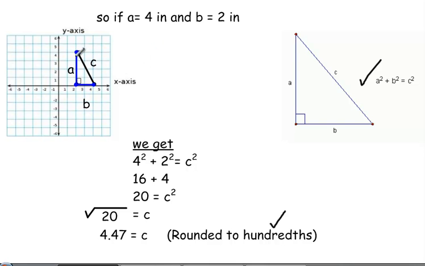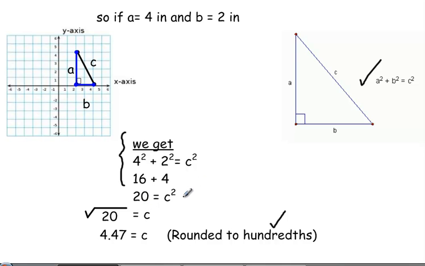So in this picture, we can see visually that A is really 4. I said inches, but let's say it's 4 units, because I just counted. B is actually 2 units. And what we wind up with is A squared plus B squared equals C squared. A is 4, so 16 plus 2 squared, 4, is 20.